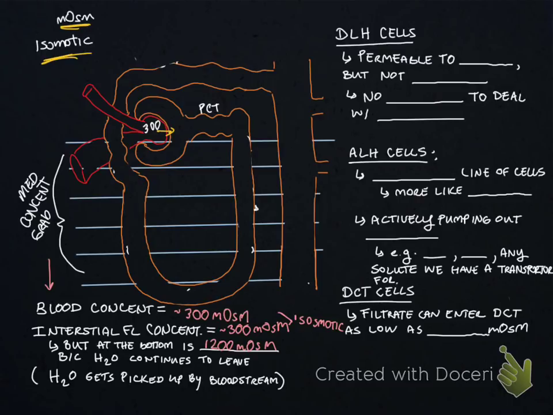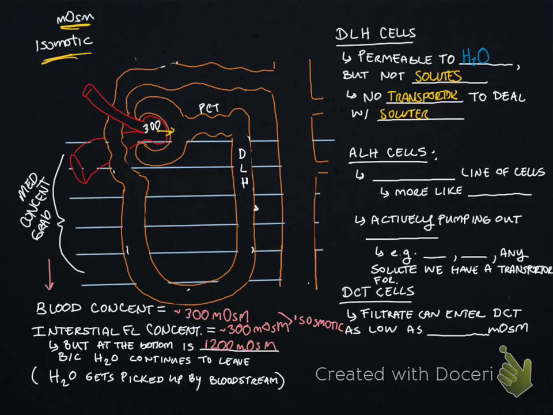So what about the descending loop of Henle? Descending loop of Henle. The cells here are permeable to water, but not to solutes. They do not have the transporters to deal with the solutes.